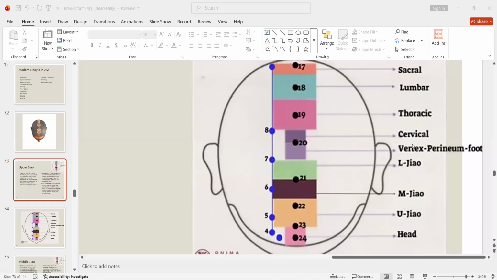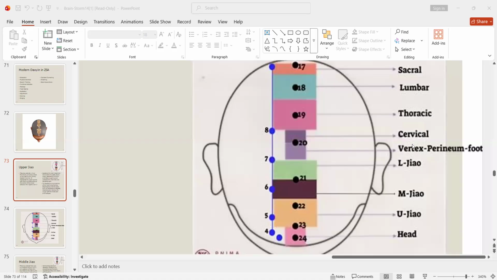Then the next area is DU21 to 1 chun, which you already covered. Then you go from DU20 to 21, half chun area on both sides. It is the vertex and perineum area and foot area.